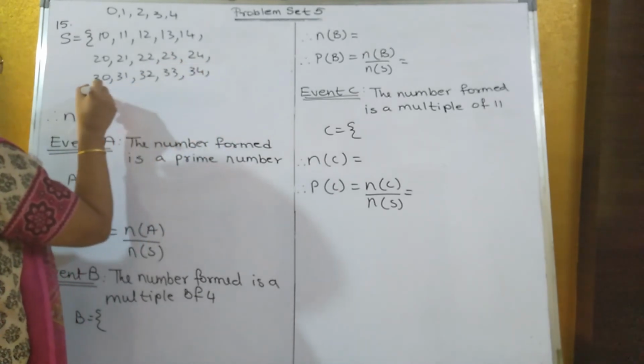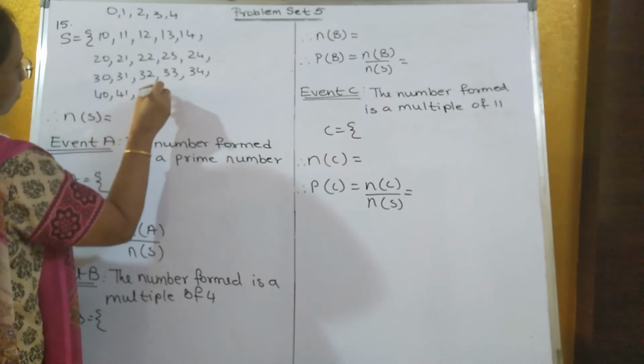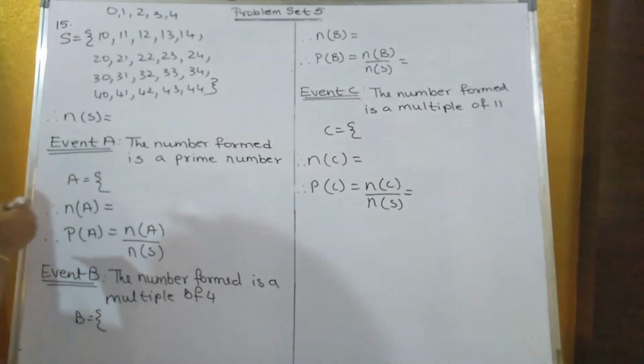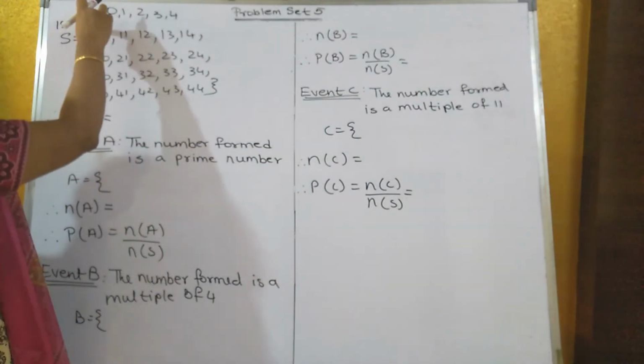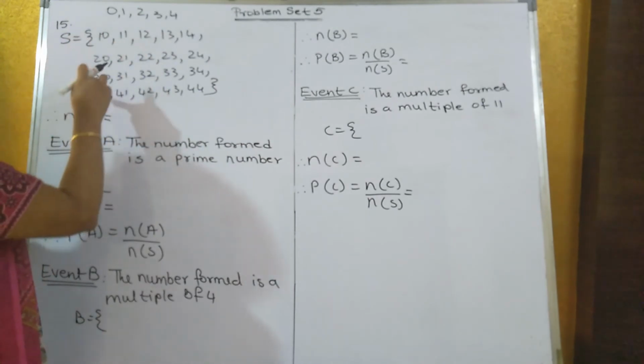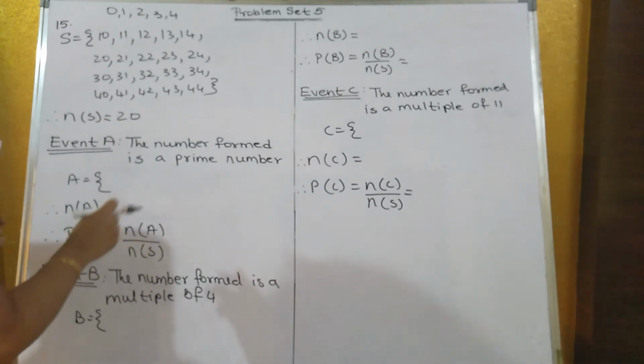Next with 4, 40, 41, 42, 43, 44. So this is the sample space. If you count over here, here it is 5, here it is 4, so 4 fives is how much? 20 elements are there.